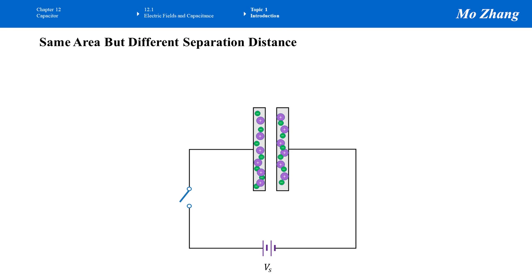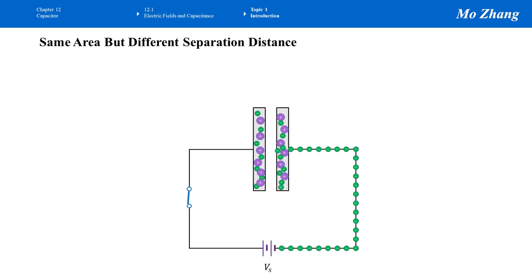As soon as we close the switch, this circuit is closed, so electrons start to flow from the negative terminal towards the positive terminal. Electrons are flowing out from the negative terminal and continue flowing, more electrons flowing towards the plate. And now electrons are entering the plate.